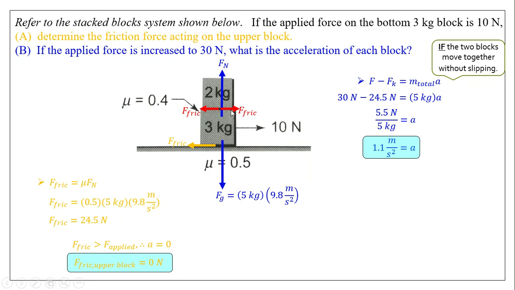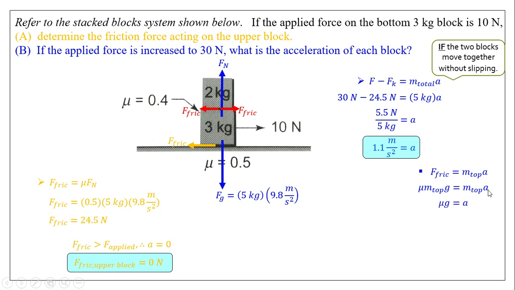Therefore, I can say that the force of friction between the two surfaces will cause the 2 kilogram block on top to accelerate. So I can make this statement for the top block: the force of friction is equal to the mass of the top times the acceleration of the top block. I can expand F of friction into mu, the coefficient of friction, times the mass of the top block times g, which equals the mass of the top block times the acceleration of the top block.